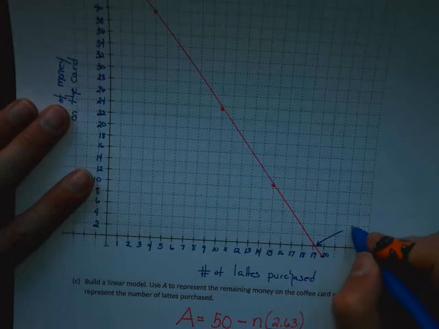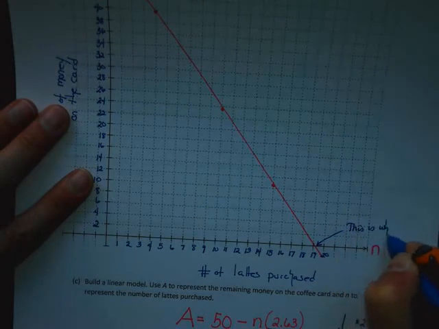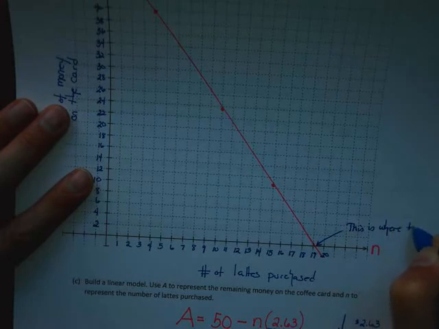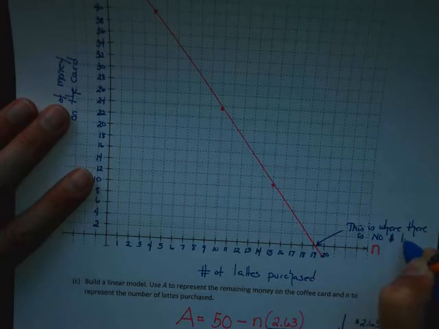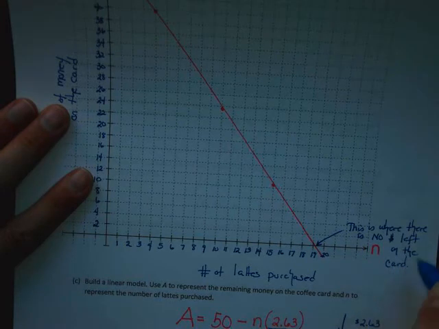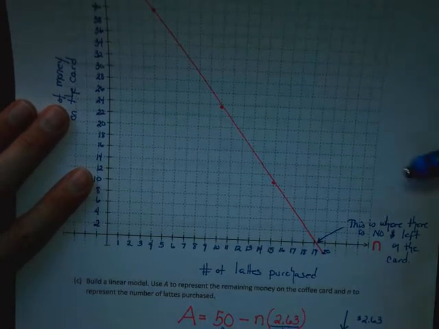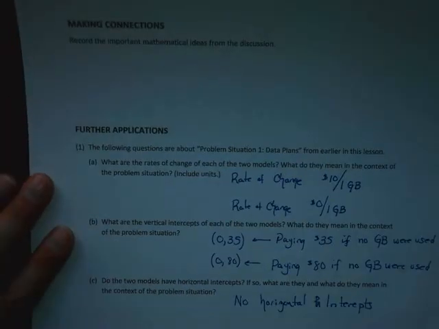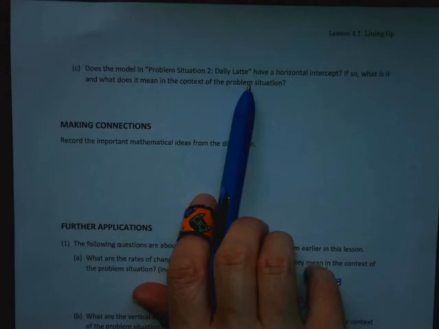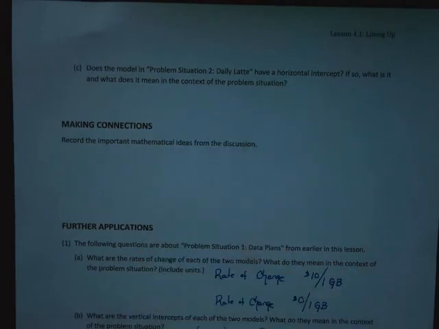But this is the point where there is no money left on the card. So we could purchase 19 lattes, but after that we did not have enough to purchase 20. All right, so I think it does have a horizontal intercept, and that's where we ran out of money.